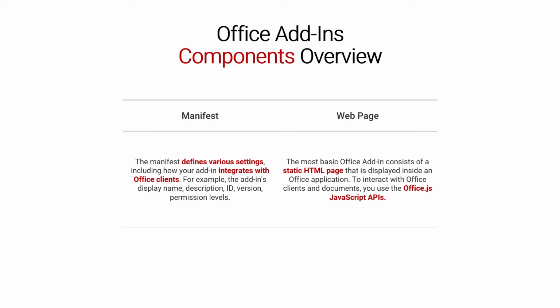I'm not technically doing that with the Office API, but the idea is that the JavaScript is really making that add-in interactive. It's making it do something. It's not just a static web page that nobody cares about. It's making it where they click a button and something is going to happen. That's where the JavaScript comes in.